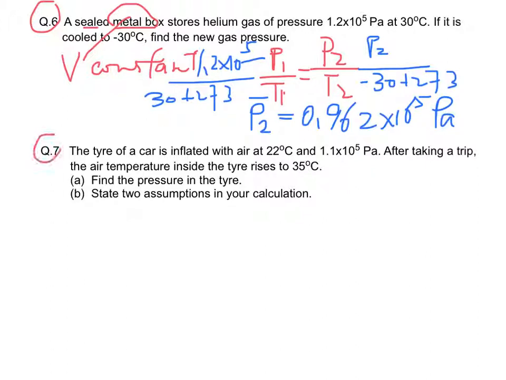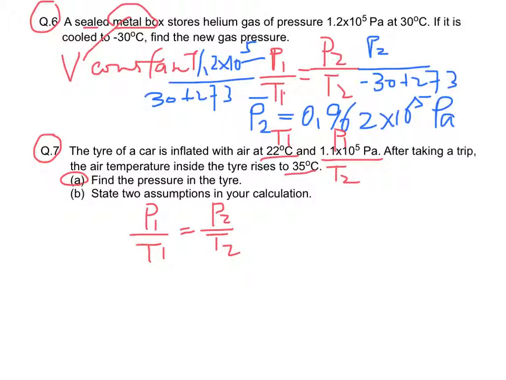For question number 7, we have T1 equal to 22 degrees Celsius, P1 equal to 1.1 times 10 to the power 5, and T2 equal to 35 degrees Celsius. We have the equation for part A, P1 over T1 equal to P2 over T2.